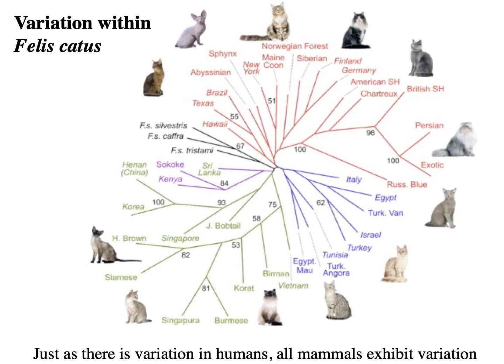And realize that within each one of these groups, for instance, this is Felis catus, the cat. It's one species, but it's highly diverse. And so within each one of those little branches I've shown on the previous phylogram, there is variation within each one of those species and groups.